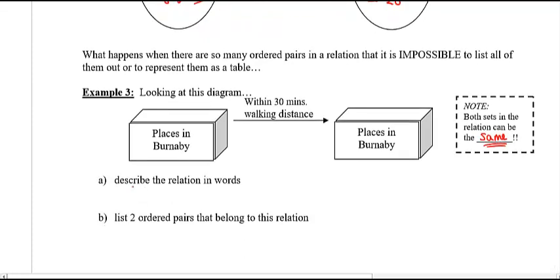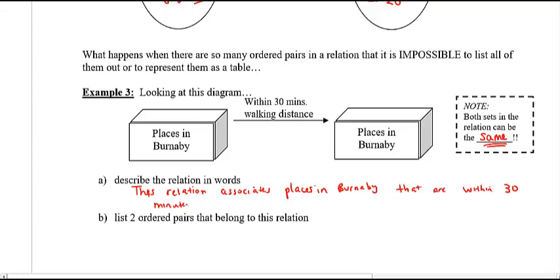Well, I'll say this relation associates places in Burnaby that are within 30 minutes walking distance to other places in Burnaby.